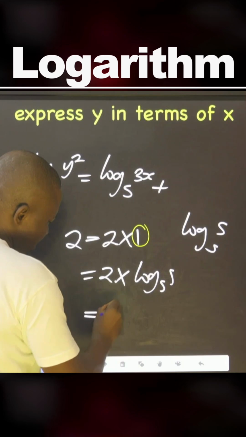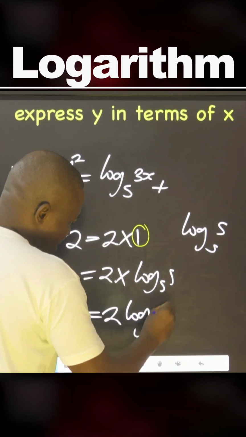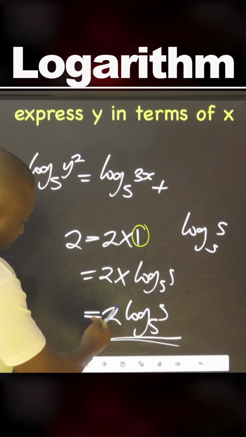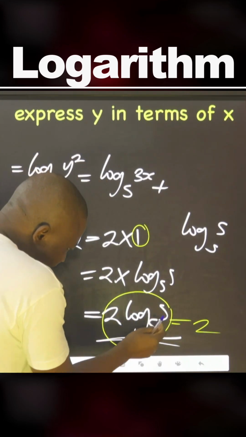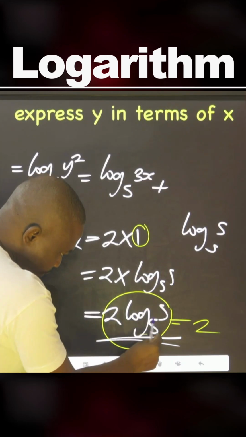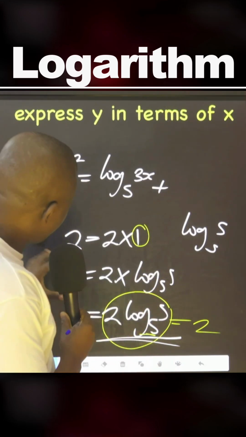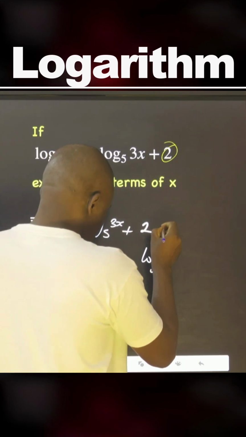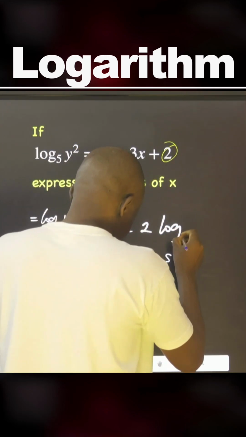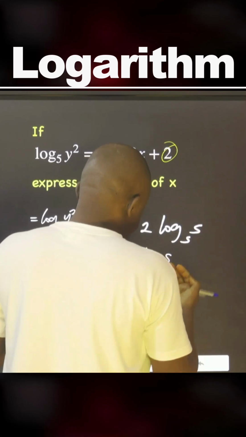So this will still give me 2. So now I have systematically brought in base of 5. So I'm going to come here now to say 2 log 5 to the base of 5.